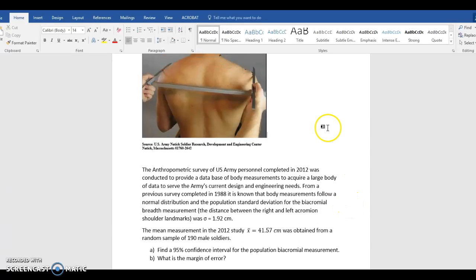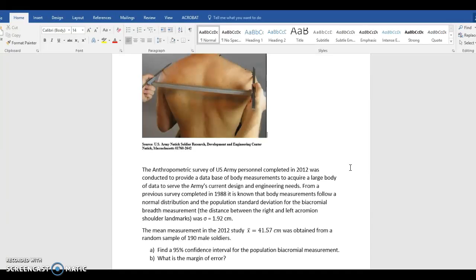This study was done. It's an anthropometric survey of U.S. Army personnel completed in 2012, and it was to take a bunch of different body measurements from military personnel, because they realized, I think in the second Gulf War, that a lot of the uniforms they had in stock from before weren't fitting correctly.